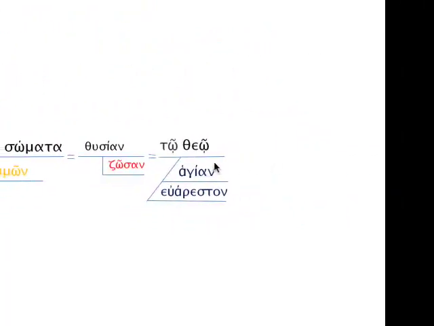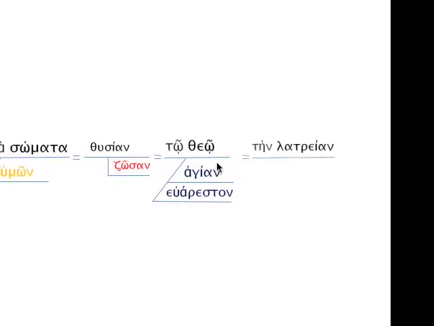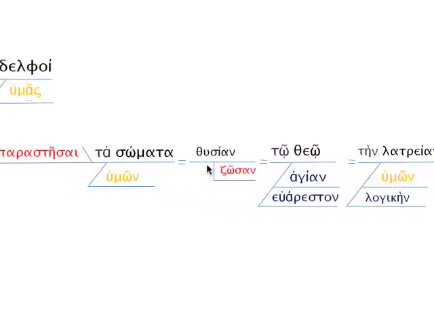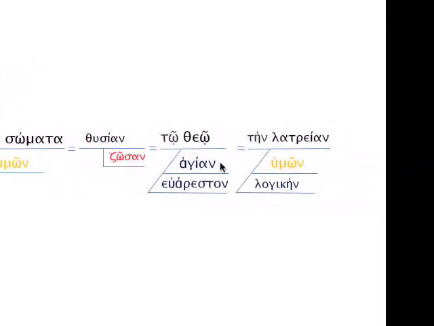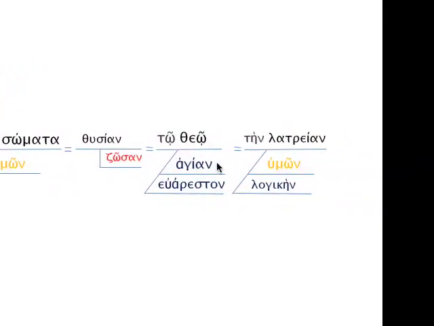And Paul would further qualify that as well. So there are actually three qualifiers for clarification here. Paul is saying that this is ten latreian, a service, a worship. This is a worship because it's an offering. A presentation of the body is an offering that is living, and it is your worship, your umon, and this is your logiken worship.